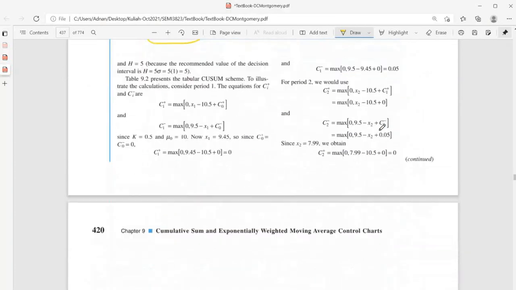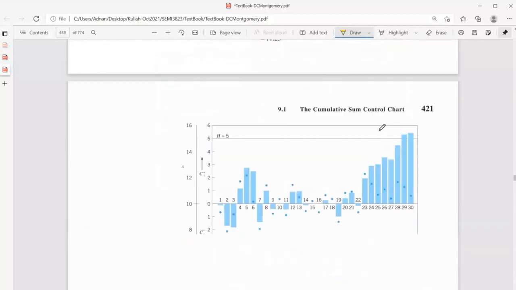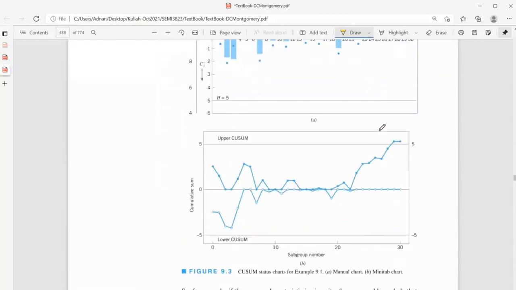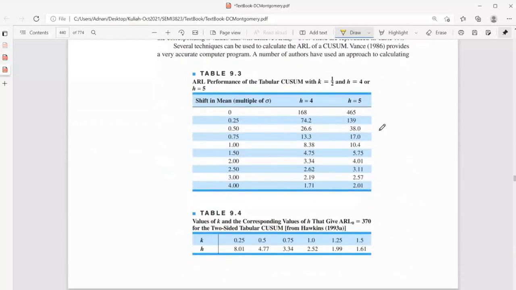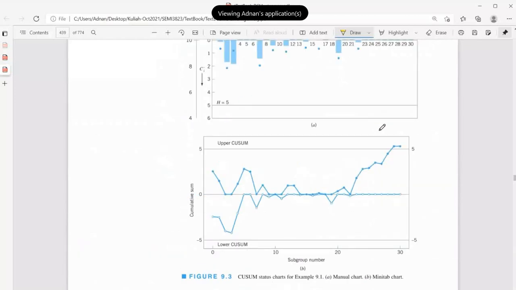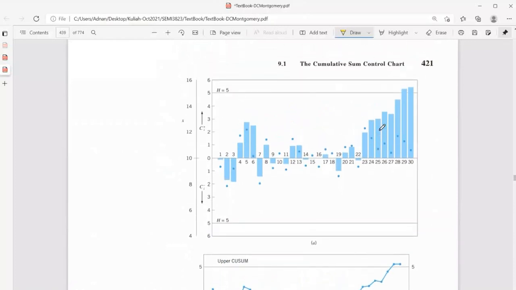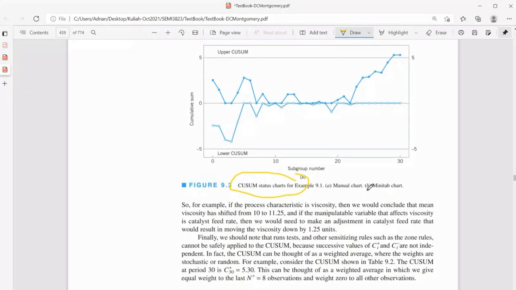When we plot this, here is the Q sum status, a manual plot.